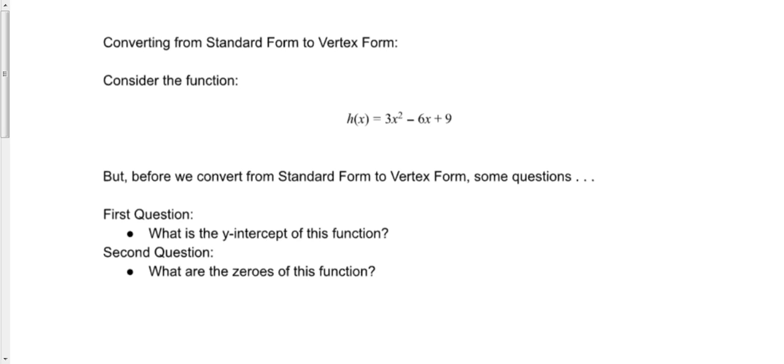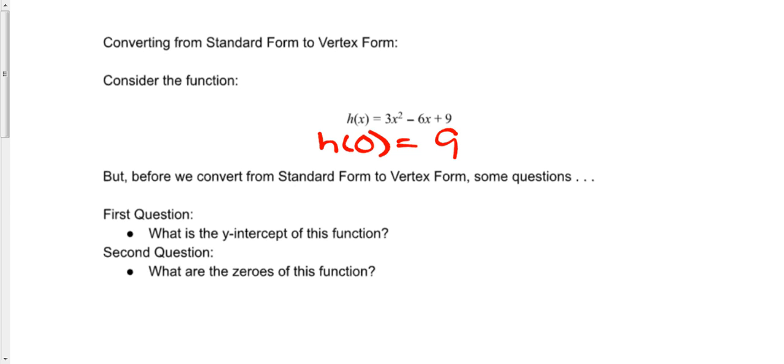In order to find the y-intercept, I analyze this function at x equals 0. So I just plug in 0 for x. 3 times 0 squared, minus 6 times 0, still 0, plus 9.